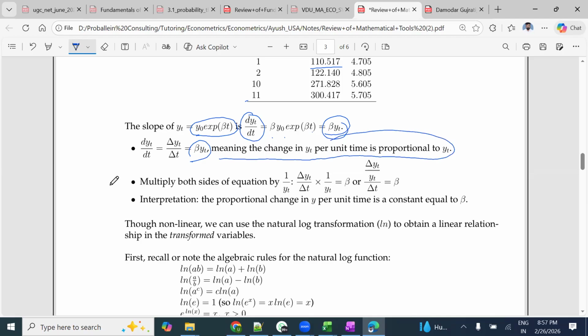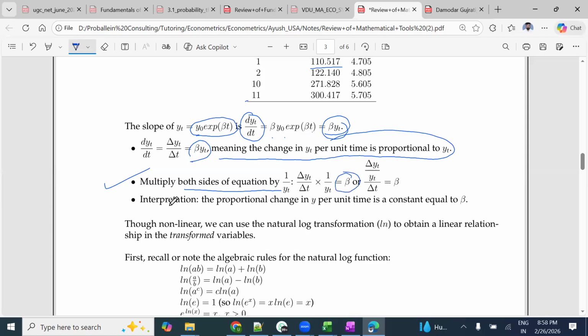If we multiply both sides of the equation by 1 by yt, then obviously the final equation will be delta yt upon delta t into 1 upon yt will be beta.